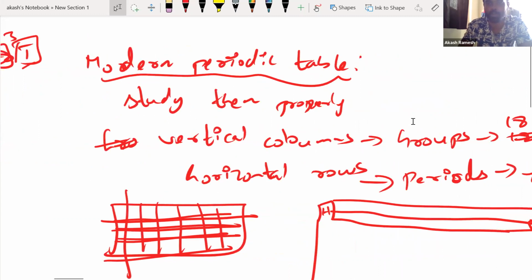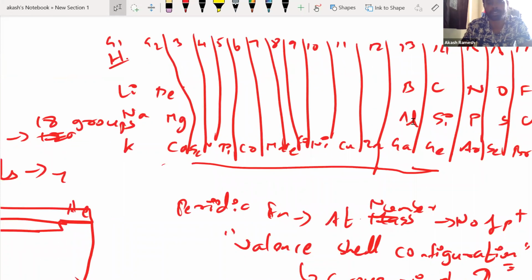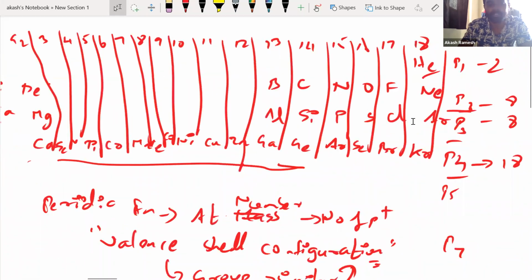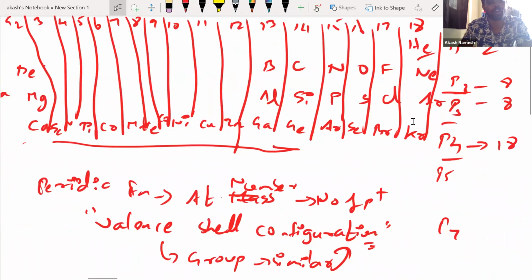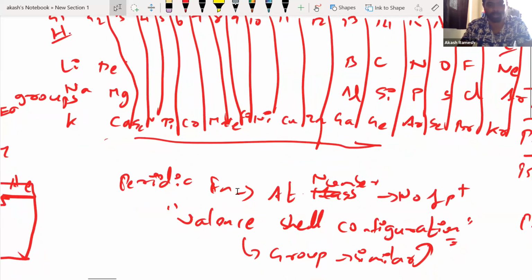Then we saw what are groups, what are periods, what are the elements in each group, and what is the general valence electronic configuration in all these groups, right? All you have to remember is that for the next element in the same period, you'll have one extra electron in the same shell. And if you go down the group, elements in the same group will have similar valence electronic configuration.